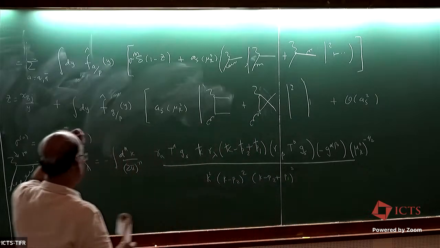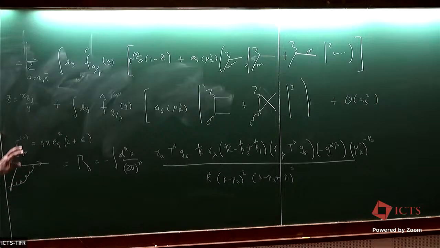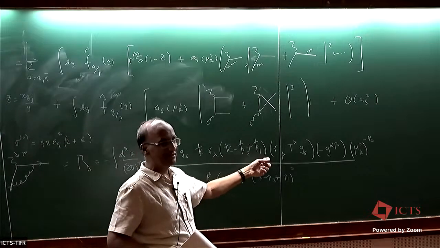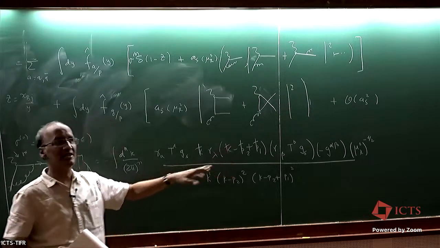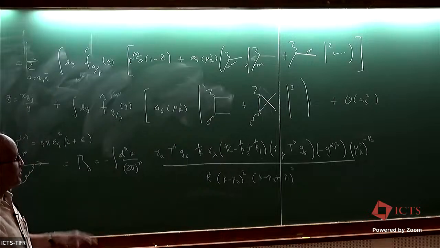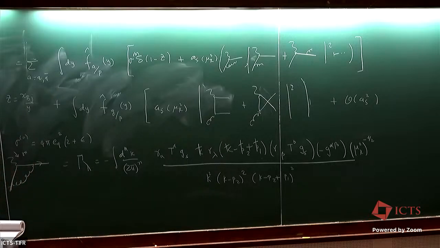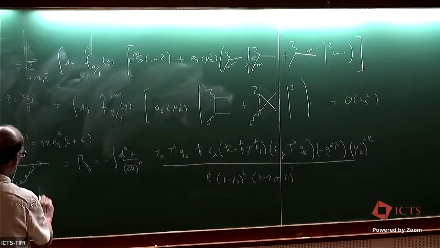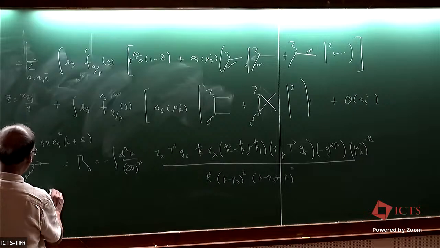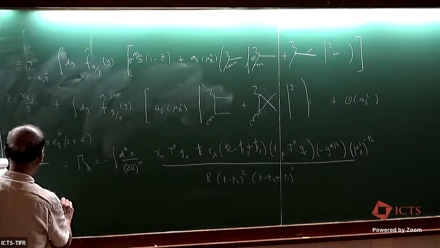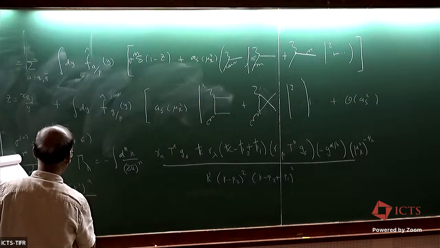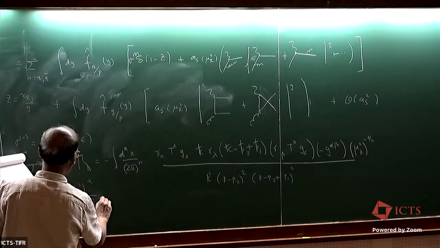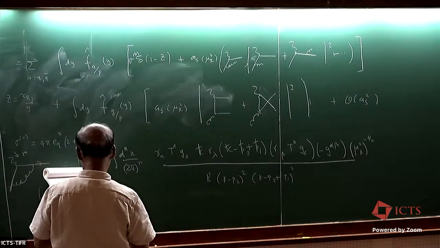Typically the result for these diagrams would look like a string of gamma matrices, vertices and propagators. You need to do this integral. I don't think I'll be able to do this integral here, but I will just write down the answer, and you can also try at home. If you do Feynman parametrization and use this formula, the integral d^n k by (2 pi)^n of (k squared)^a over (k squared minus c)^b is equal to this formula.